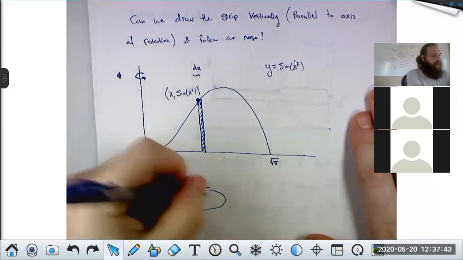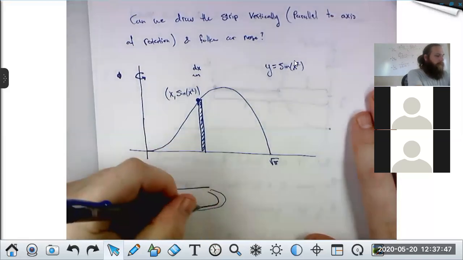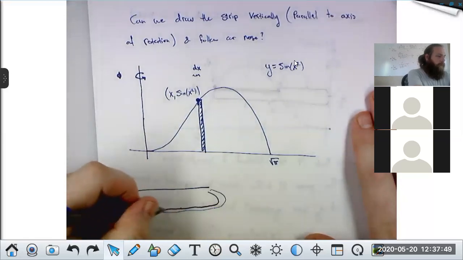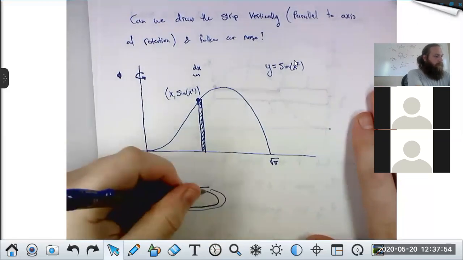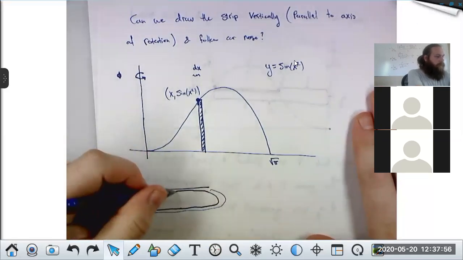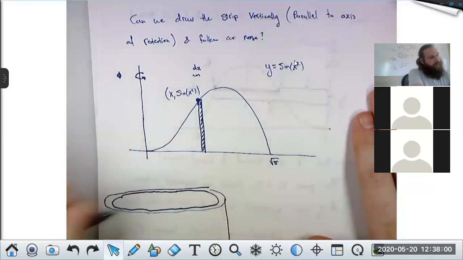It's actually a cylindrical shell. It's got a very thin wall thickness. The thickness of the wall is the thickness of the strip that I'm rotating. And it's got a little height.